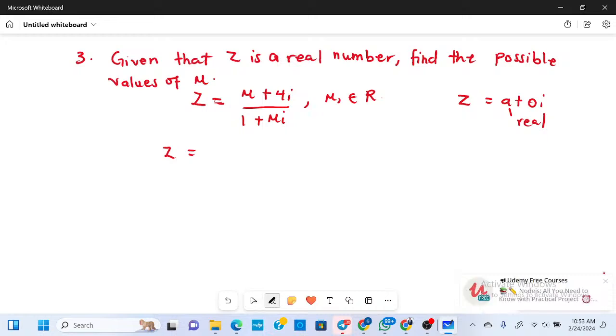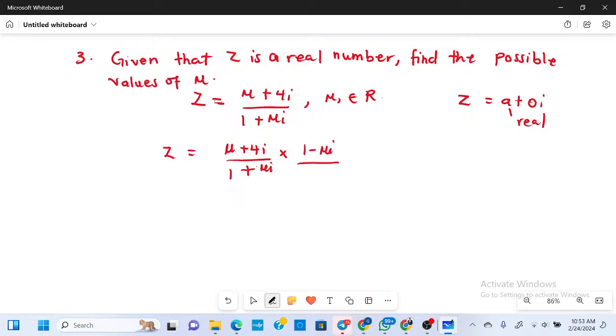So I'm going to have mu plus 4i over 1 plus mu i multiplying 1 minus mu i over 1 minus mu i.